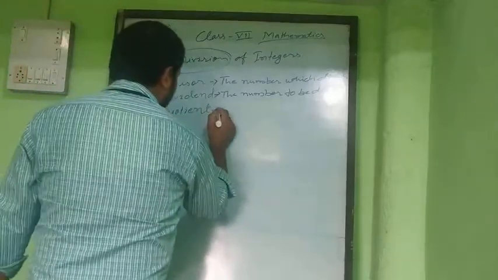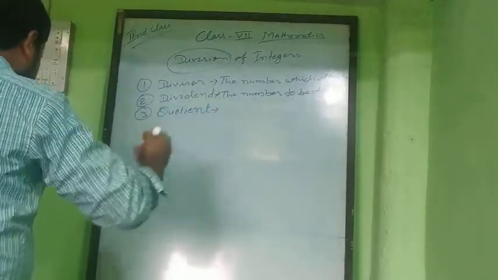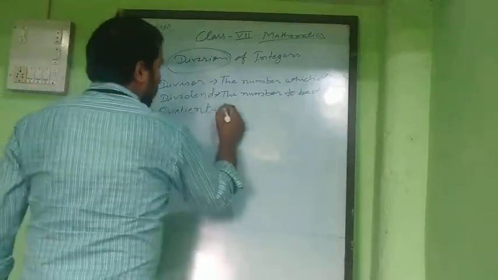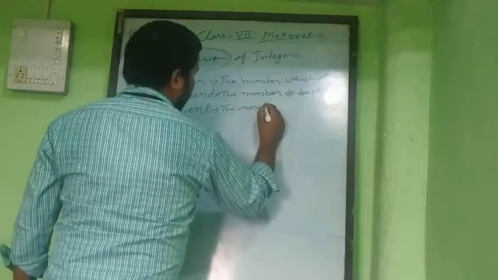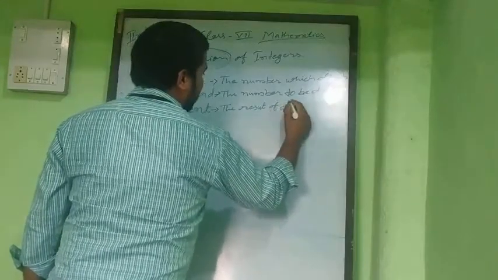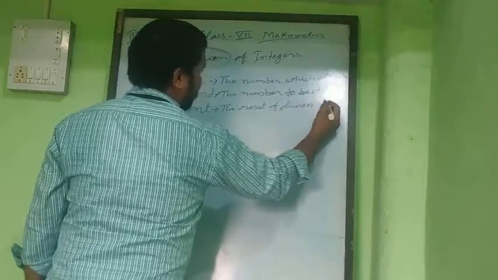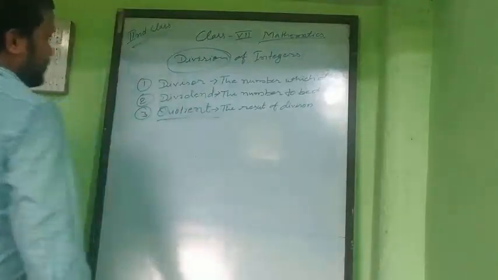And quotient, the result of division, is called quotient.